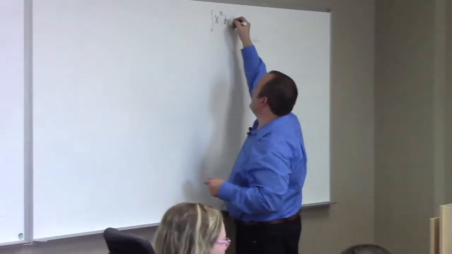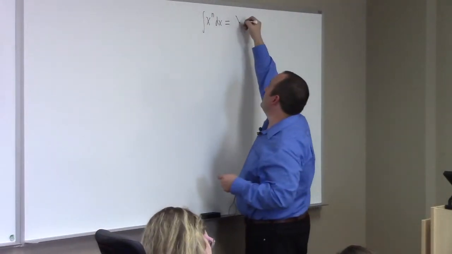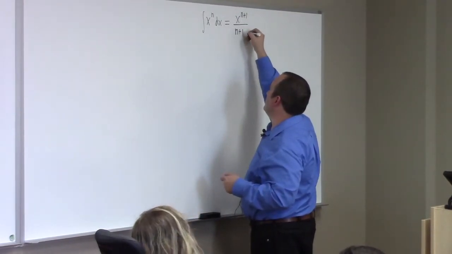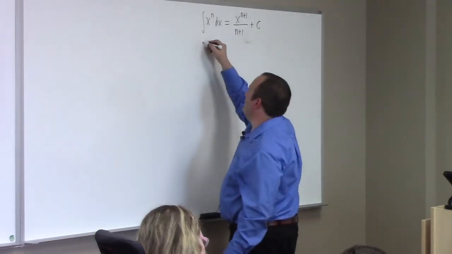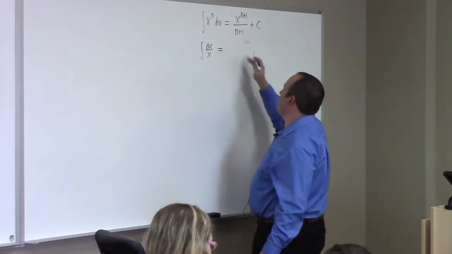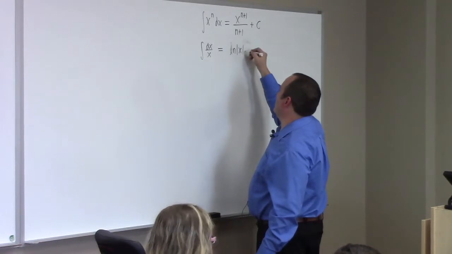I'll start out small. Integral of x to the n dx is what? Over n plus 1. Plus a constant, I know. And how about the integral of dx over x? Natural log the absolute value of x plus a constant.